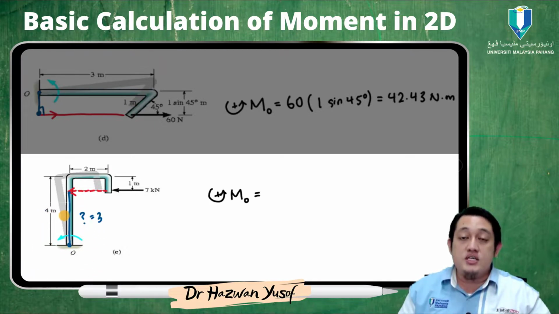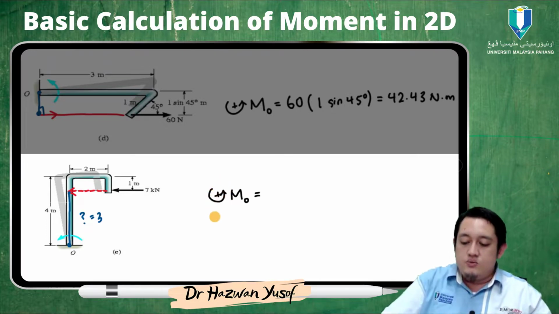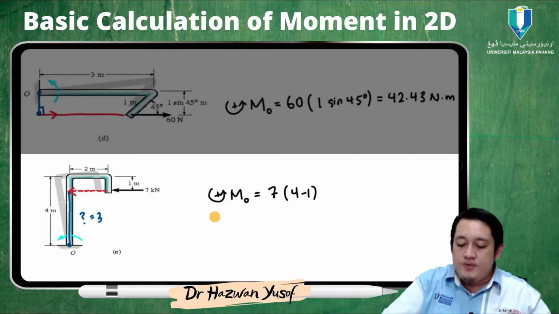The rotation is counterclockwise, same as our assumption, so this will be positive 7 kilonewton multiplied by the distance 4 minus 1, which is 3 meters. So the answer will be 7 times 3, 21.